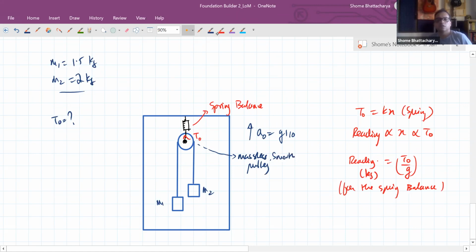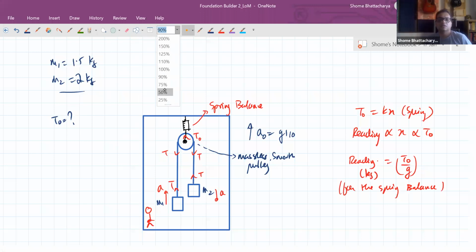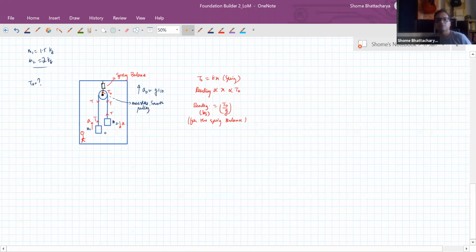Okay. So now let's see what's happening with respect to a person who's inside the lift. If this one has a downward acceleration A, this one will have an upward acceleration A only, because the pulley will be at rest. And there'll be a uniform tension in this whole thread at every point, which is T. So with respect to the non-inertial reference frame of the elevator, the pulley is stationary in that frame because it's fixed to the ceiling.